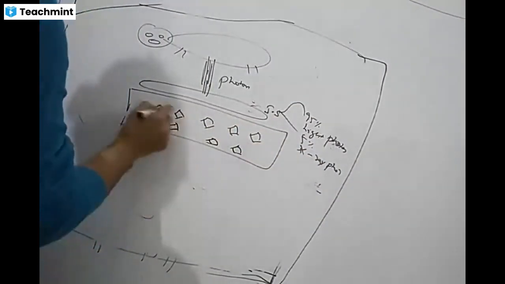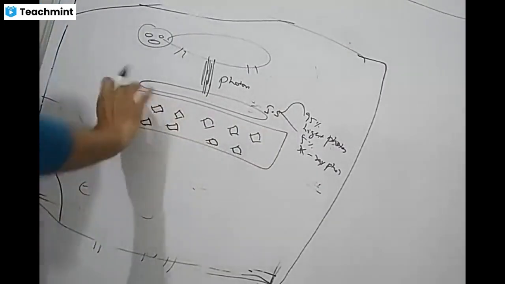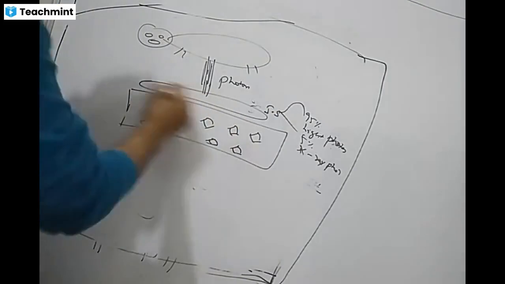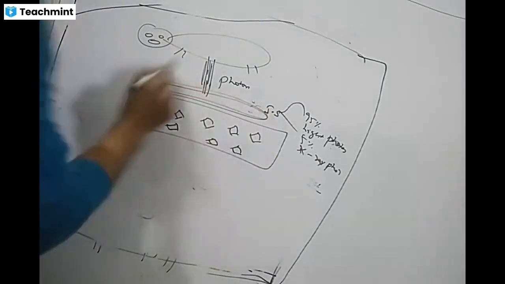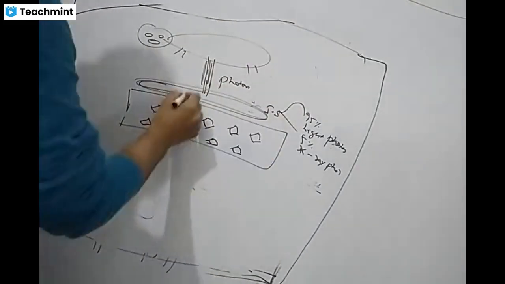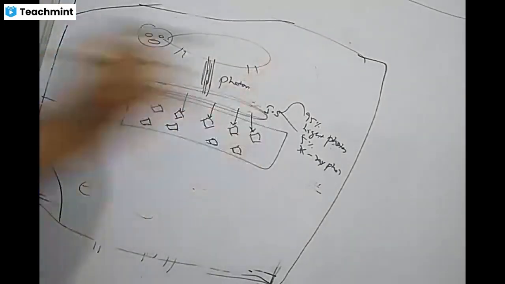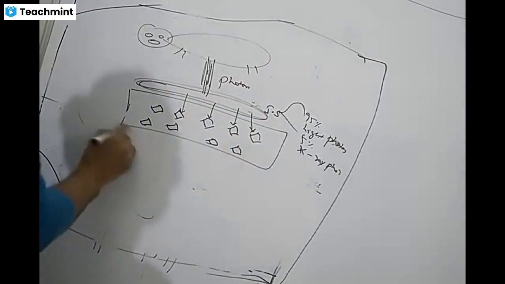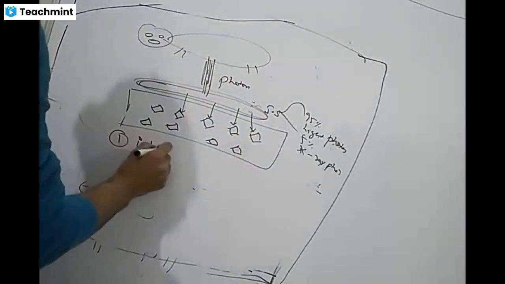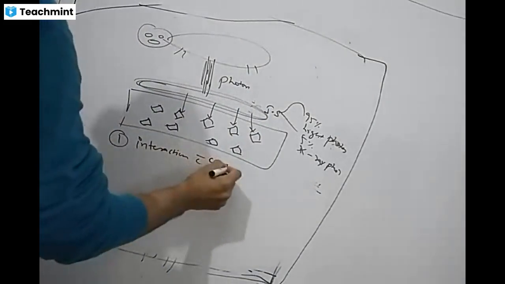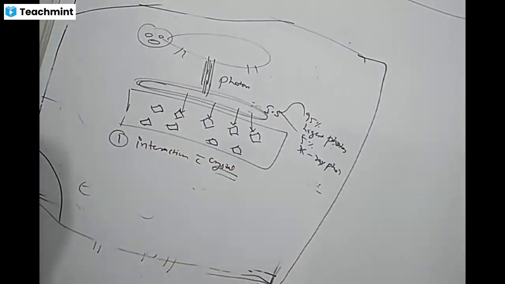These are the crystals. The emulsion of the film contains these crystals. After coming from the intensifying screen, these photons will interact with the crystals. So the first step is interaction with the crystals of silver halide.